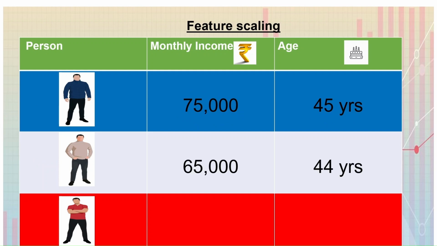The brown person makes 65,000 and their age is 44 years.